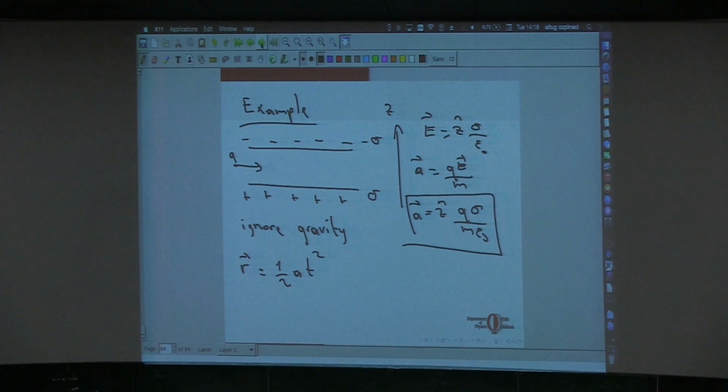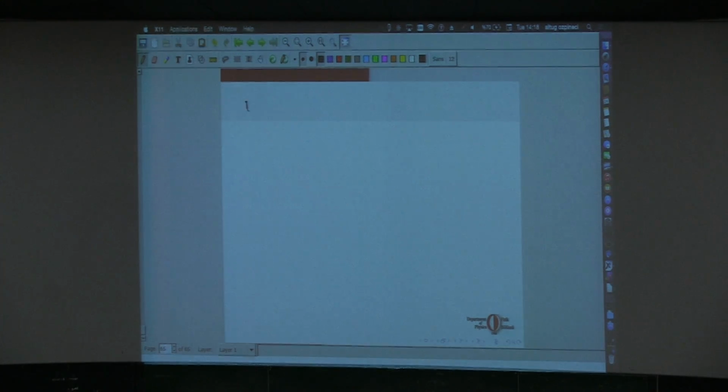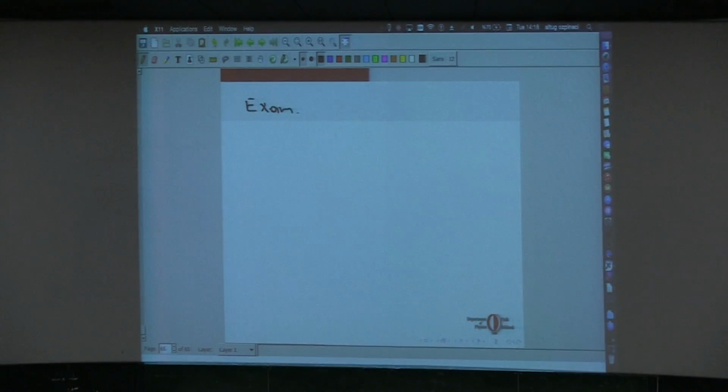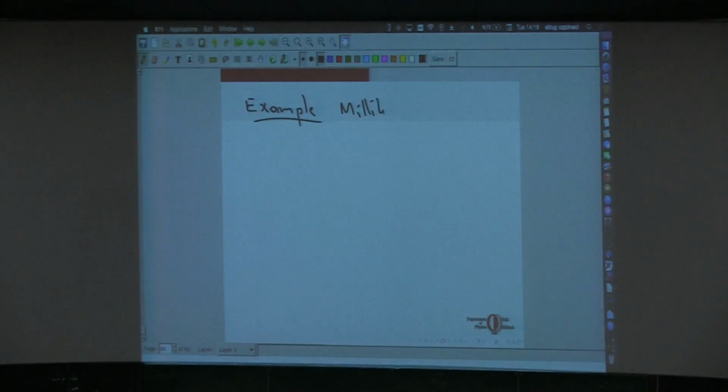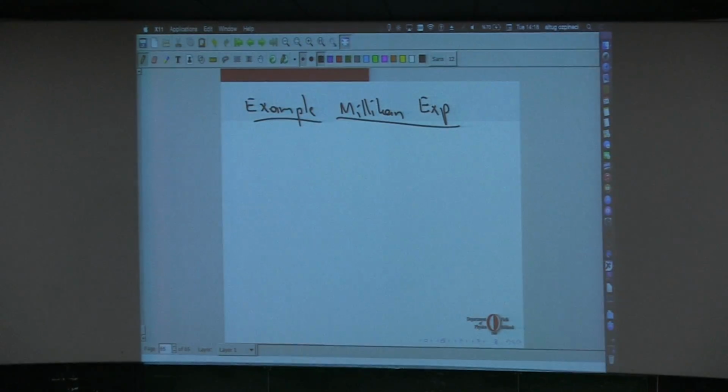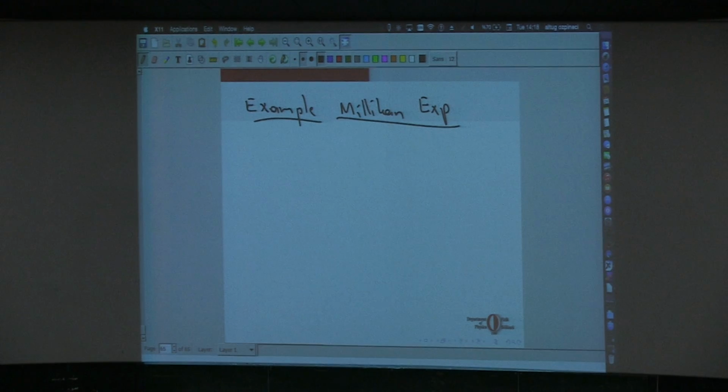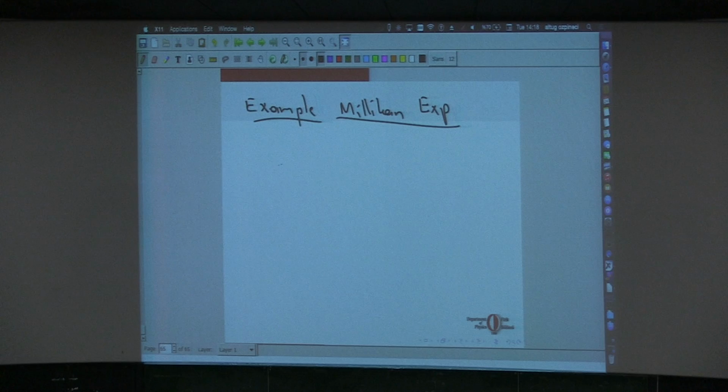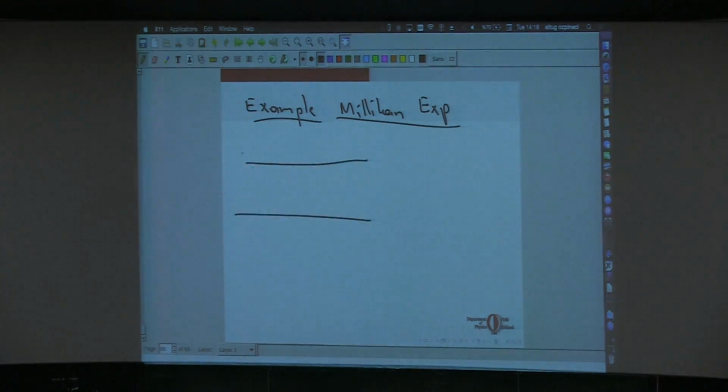Now let's consider a third example. This is the Millikan experiment. It was one of the first experiments which proved that the electric charge is quantized. So suppose you have again these two parallel plates. One is positively charged.